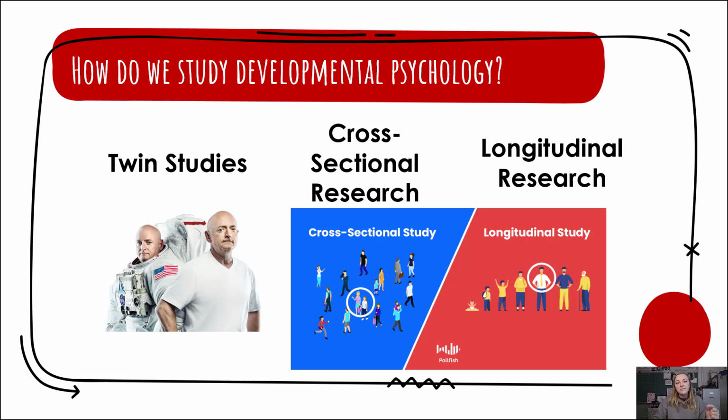And one of the most famous studies done with twins who are separated at birth are the Minnesota Twins Project at the University of Minnesota. This research was done by Thomas Bouchard, and it began in 1979, focusing on these identical twins who were reared apart.